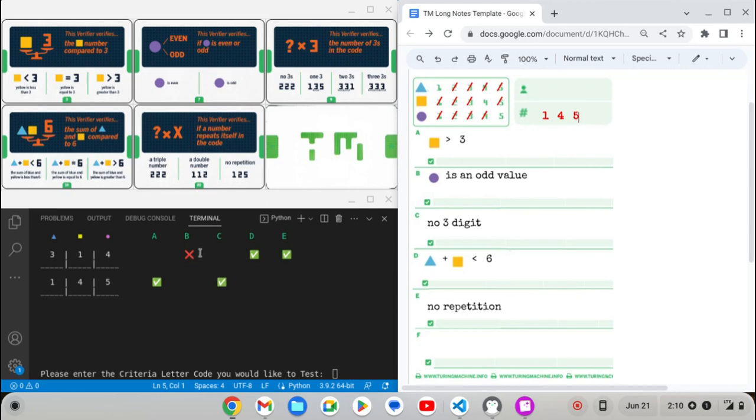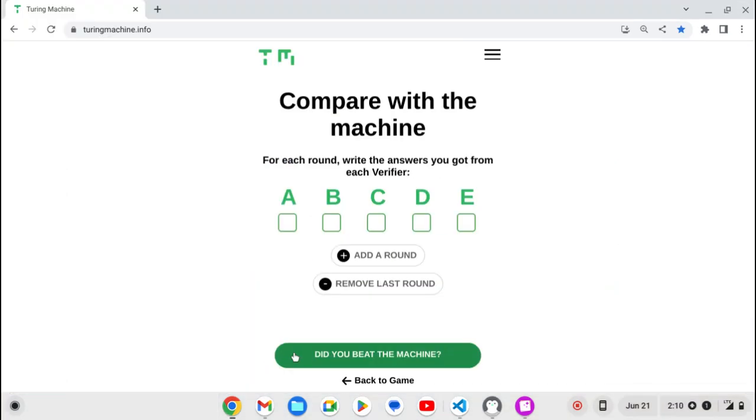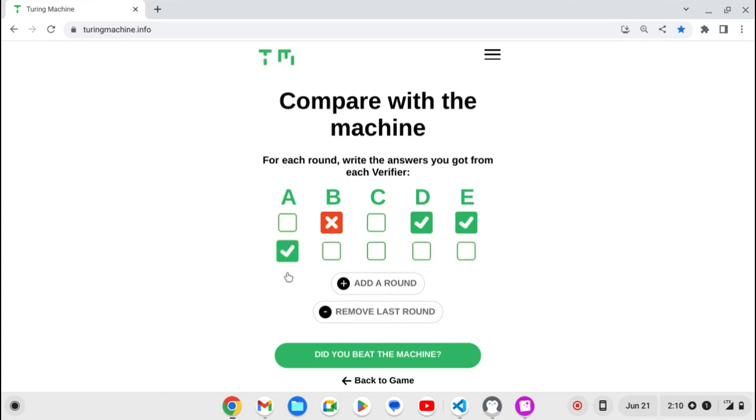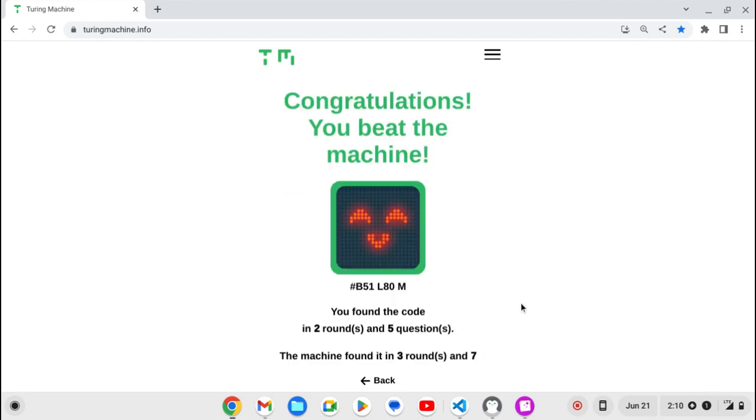Notice that we did test everything. The only thing that failed was B, and we did B, D, E first. So let's go ahead and type that up. B was wrong, and then we did D, E, and then in our second round we did both A and C, and they both were correct. So how do we do? Wow, I'm actually extremely surprised that it took the Turing machine 7 queries and 3 rounds.